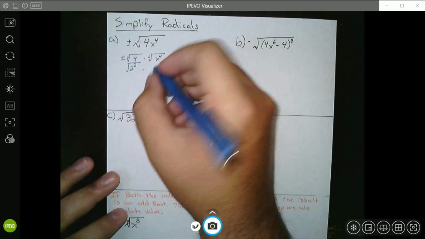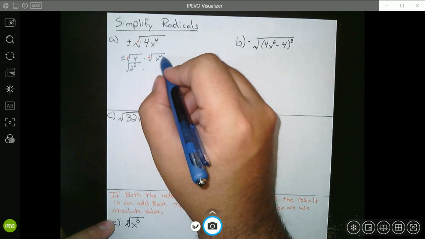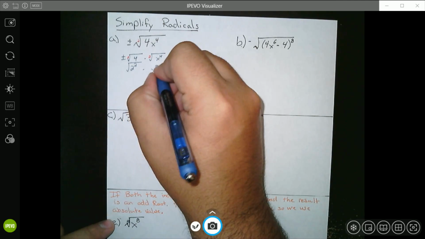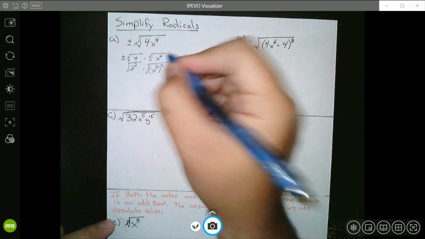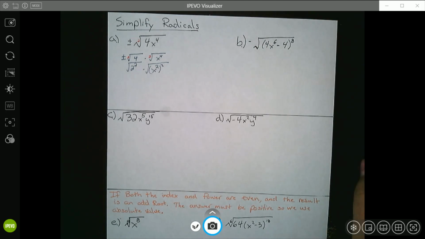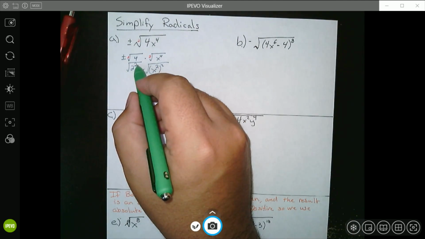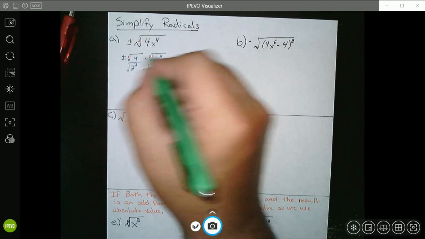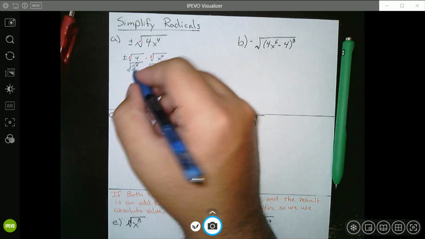For x to the fourth, I can do the same thing. How you break it down is you take the index and divide it into that exponent. So 4 divided by 2 is 2, so I can say x squared and take the square root of it. Since both of these terms now match up, the index matches up with the powers, they cancel out and we're just left with whatever's inside.